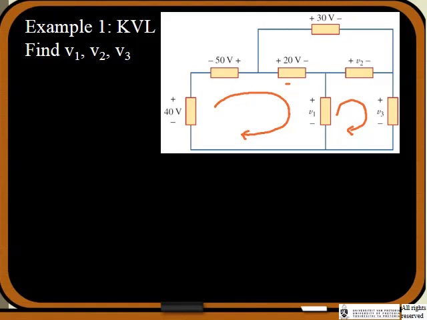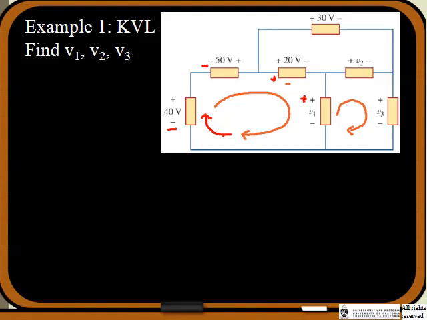So let's solve for V1 by writing it down. First, very important is the direction of the loop. If we keep on going in this direction, we are going into the negative terminal of the 40 volts, into the negative terminal of the 50 volts, but into the positive terminal of the 20 volts, and into the positive terminal of V1.